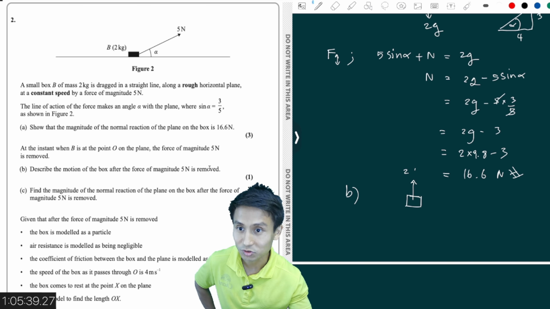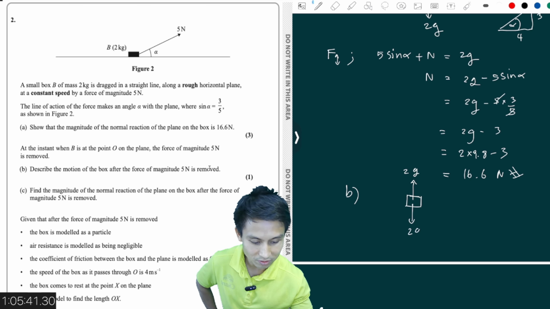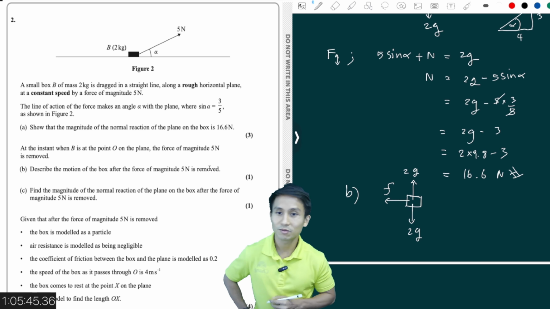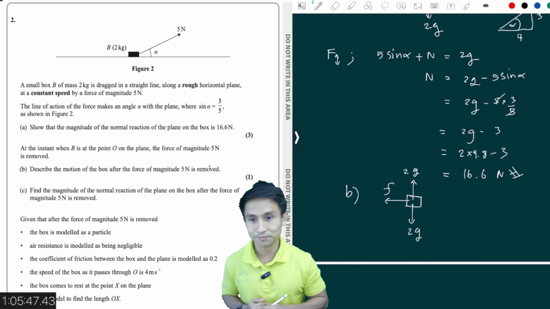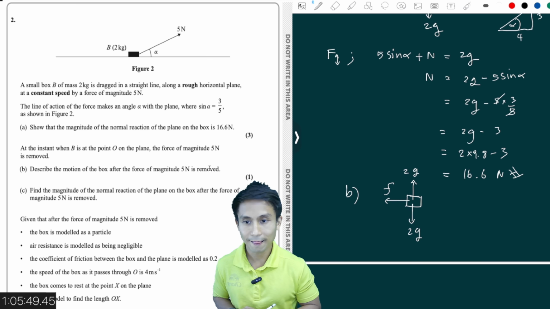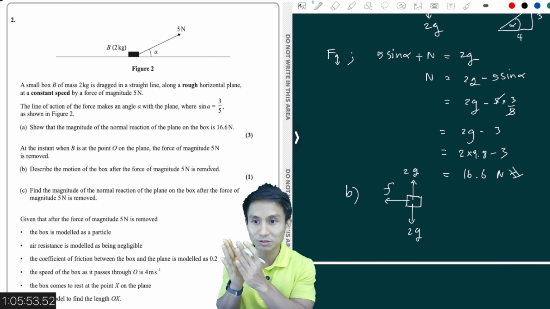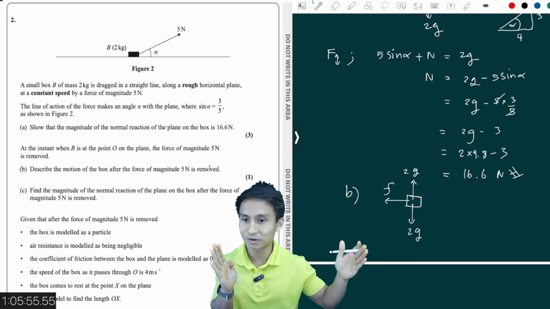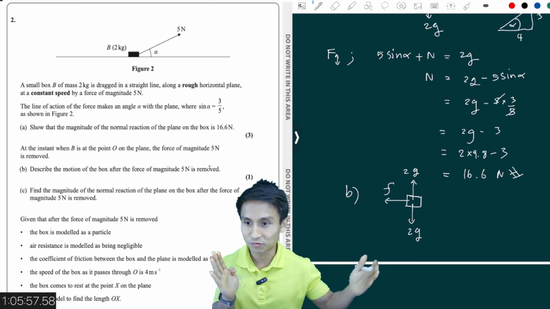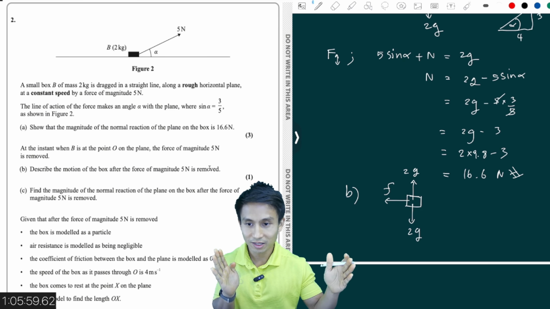So that would become 2g instead, because the weight is also 2g, but you still have friction going on. Because it's still moving, right? Assuming that it has moved a distance before the force is removed, so it's in motion already.